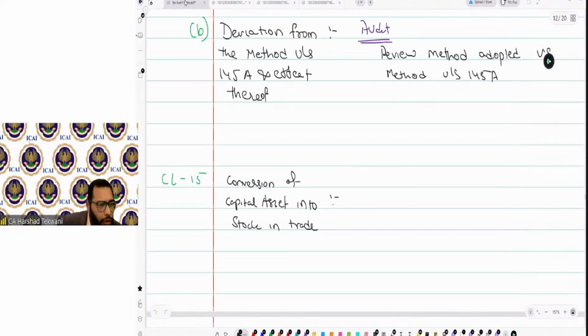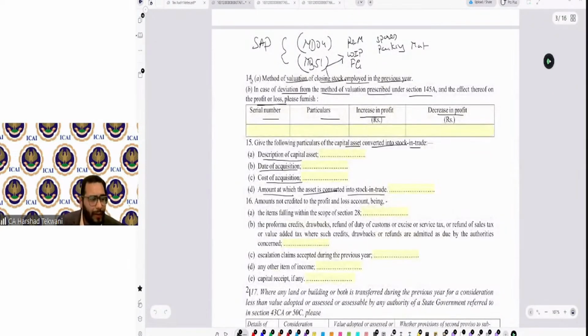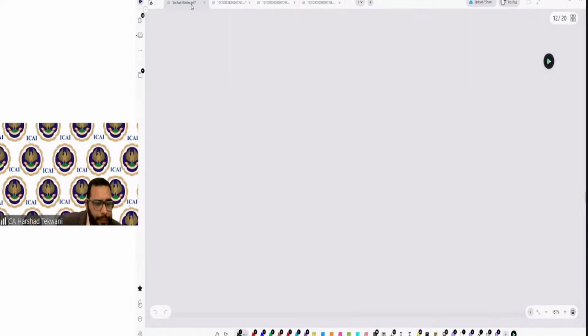So, a tabular format is usually given, which is description of capital asset, then date of conversion or date of acquisition, cost of acquisition, and amount at which it is converted.